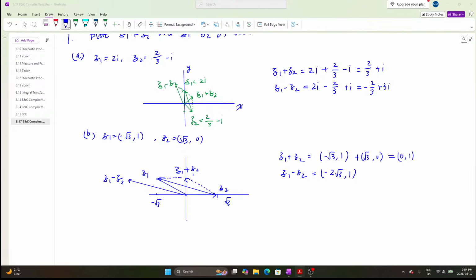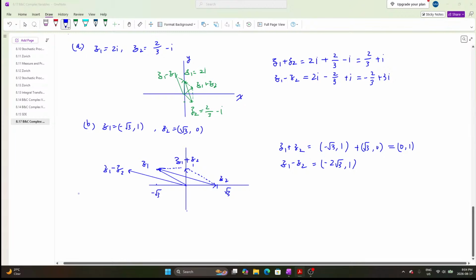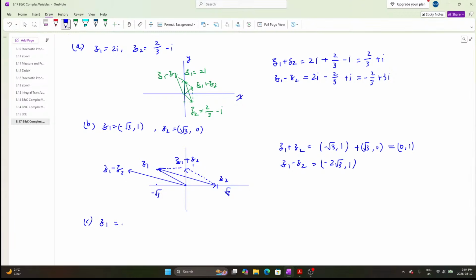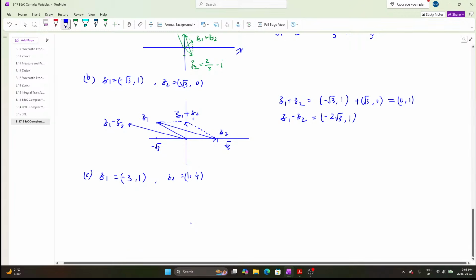Okay, so here, let's see part C. Part C says Z1 is (-3, 1), ordered pair. Z2 is (1, 4). Let's draw the diagram, calculate the sum and difference.